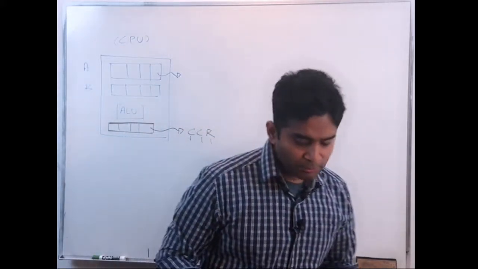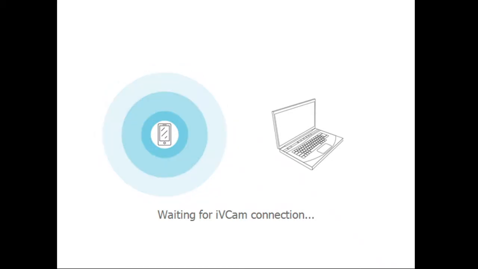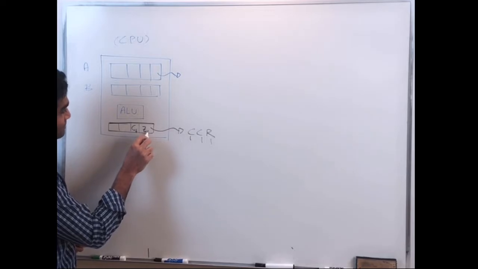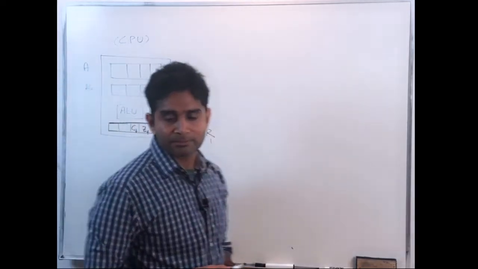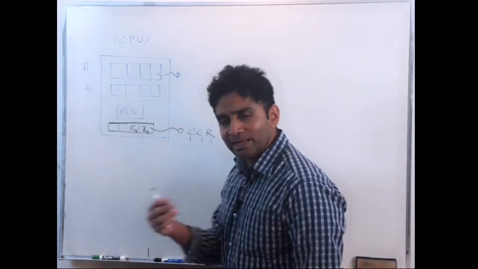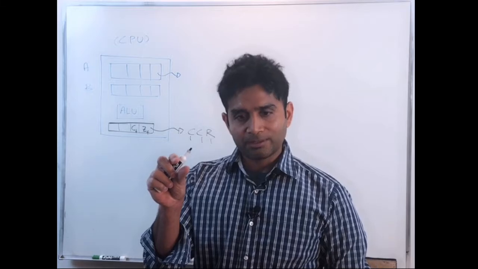So what does that do? Basically, it stores the values of the flags. So far we have done the C flag and the Z flag, right? And then we have to work on other flags as well, and that's what we're going to do today. But again, that's a register where each of these locations is 1 bit.